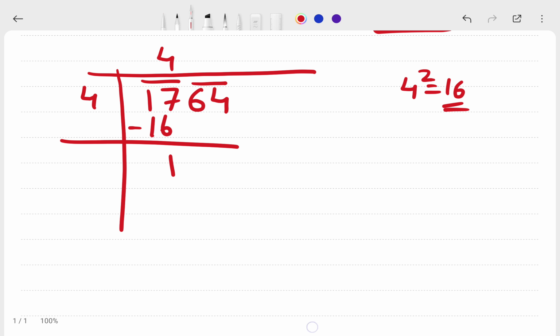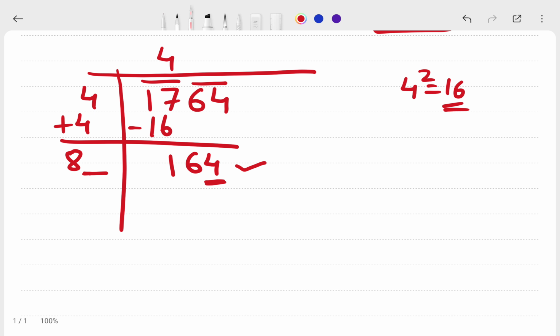Now we will copy out our next pair, that is 64, with 1 to make it 164. And in the previous step we multiplied 4 with 4. Now we will add 4 with 4 to get 8. With 8 we need another digit to make it a double digit number, and we will multiply this double digit with that same one digit to get 164, whose ones place digit is 4.